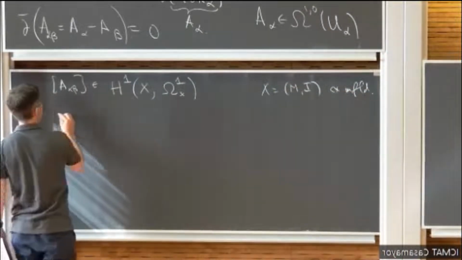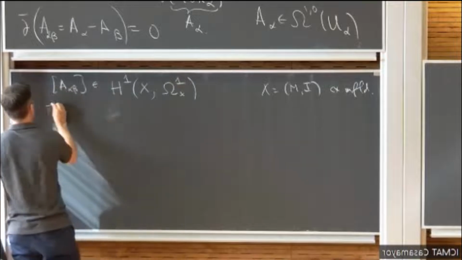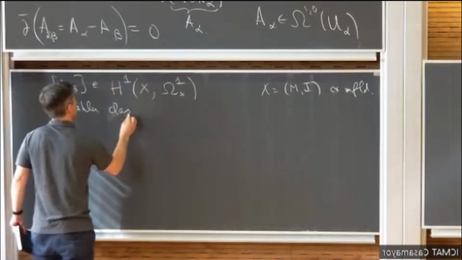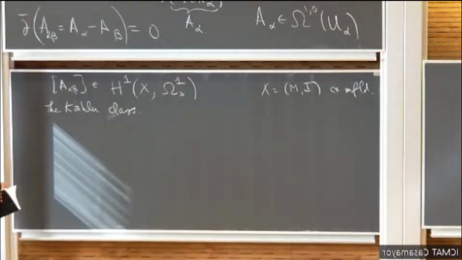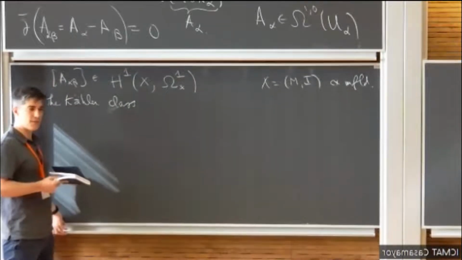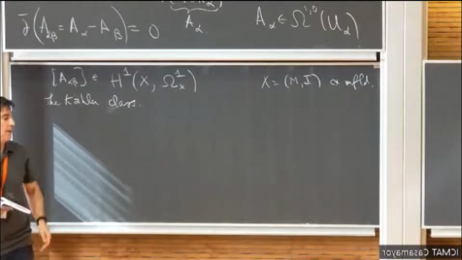And this is the Kähler class. Now, this is, of course, not anything new. It's not really an unusual point of view, but let's now use this to build a new point of view.